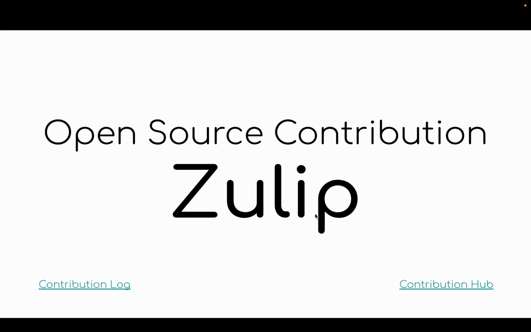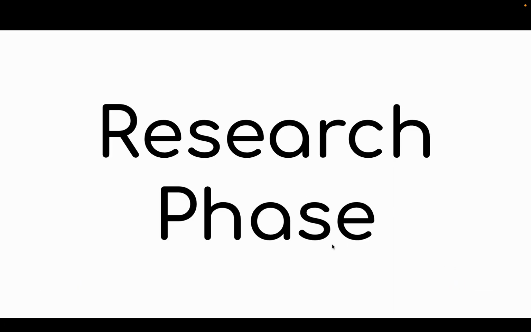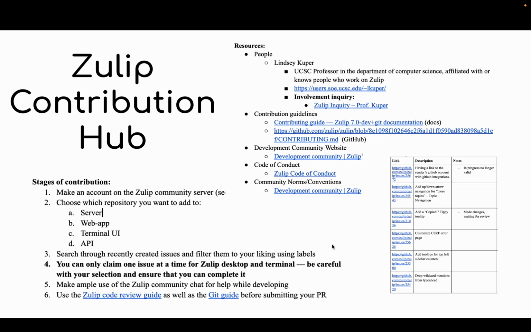So I contributed to Zulip. We have my contribution log and contribution hub linked down here. Starting off with a research phase. Alongside Aiden, Tyler, and Kai, we delved into the Zulip documentation and created a contribution hub, which has a page of links seen right here, with lots of helpful resources, including the professor that Aiden and I learned about Zulip from, contribution guidelines, community websites, code of conduct, norms, all that.